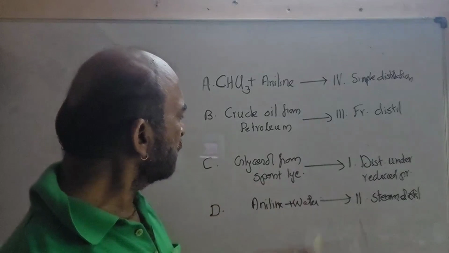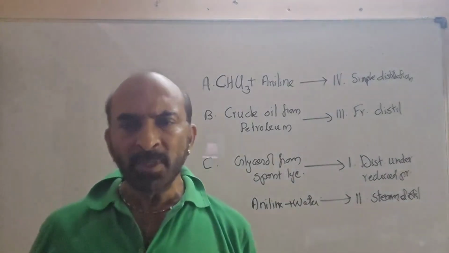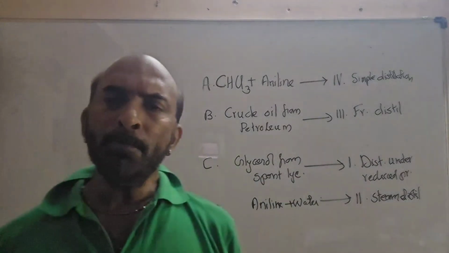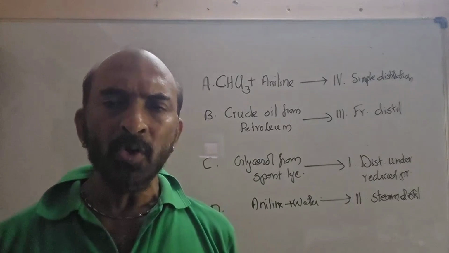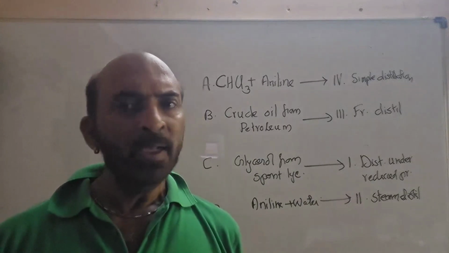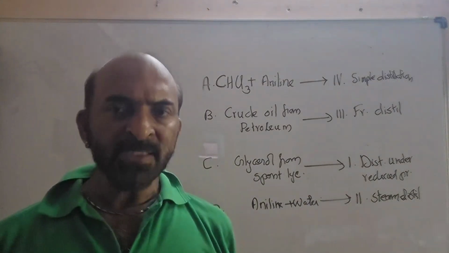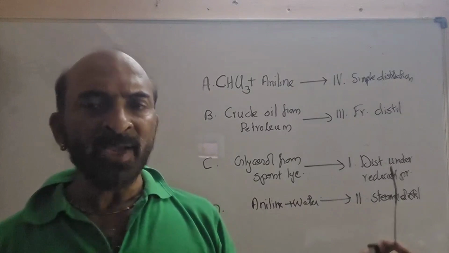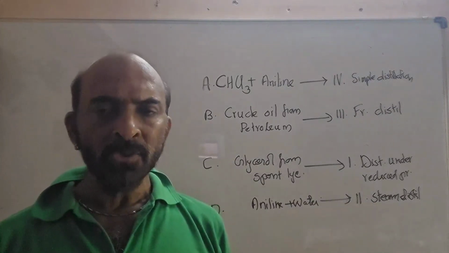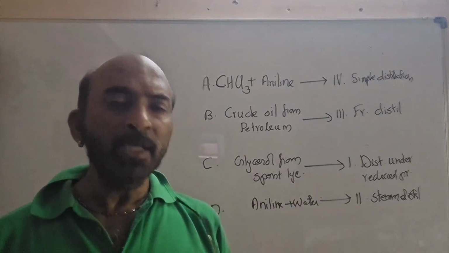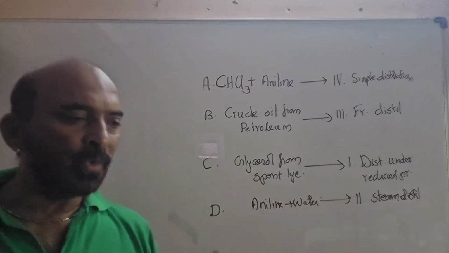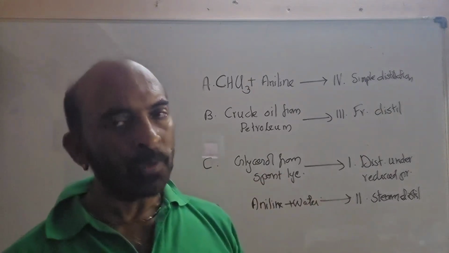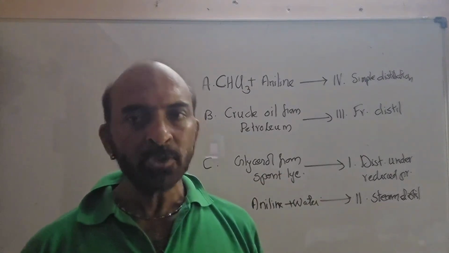Then glycerol from spent lye. What is spent lye? When soap is manufactured by the hydrolysis of oil, oils are esters of long chain fatty acids and glycerol. After hydrolysis, the long chain fatty acid precipitates as sodium or potassium salt, that is soap.